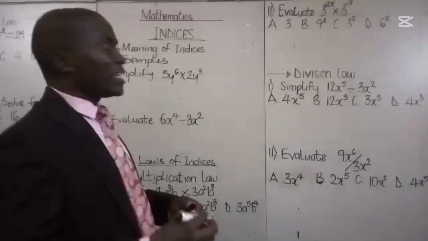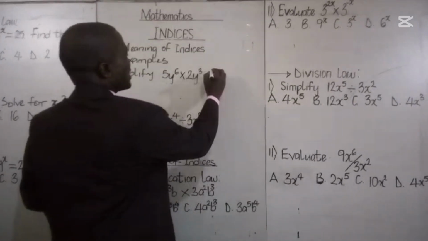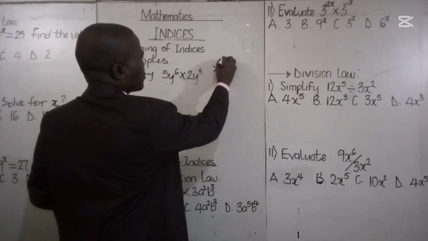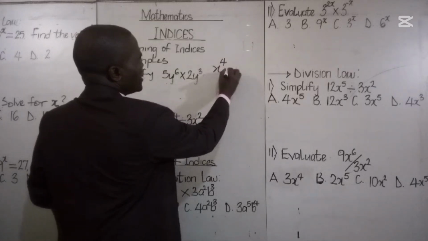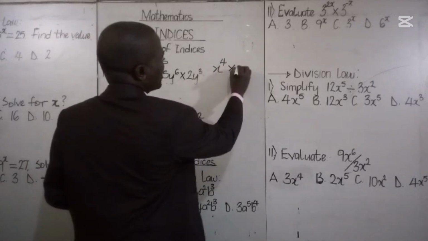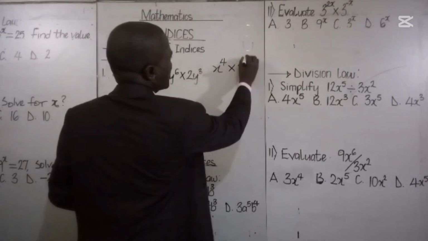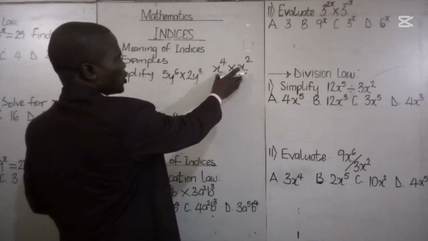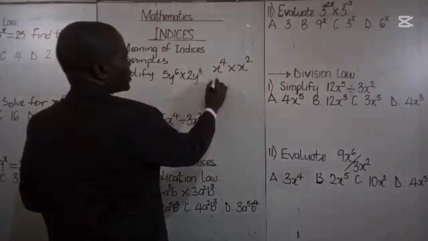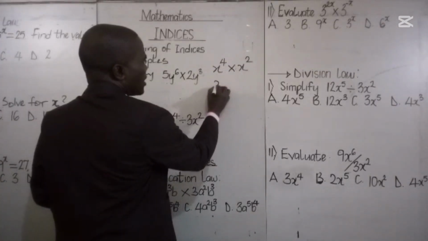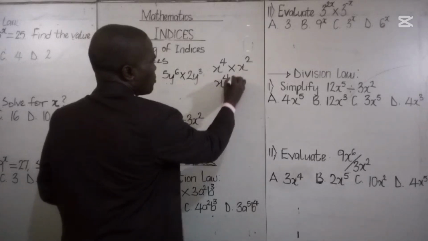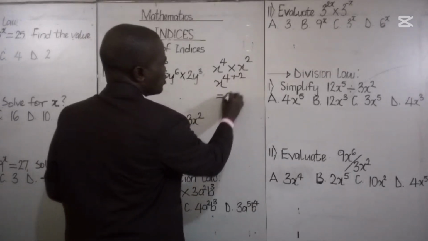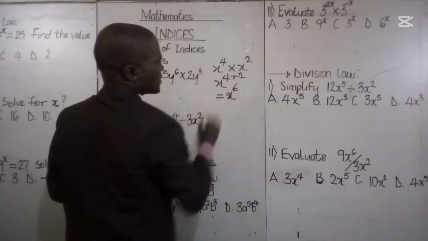Let us take for instance, if we have an expression like x raised to power 4, then we have another expression x raised to power 2. For us to be able to find solution to this problem, it will eventually become x raised to power 4 plus 2, and the final answer is going to be equal to x raised to power 6.